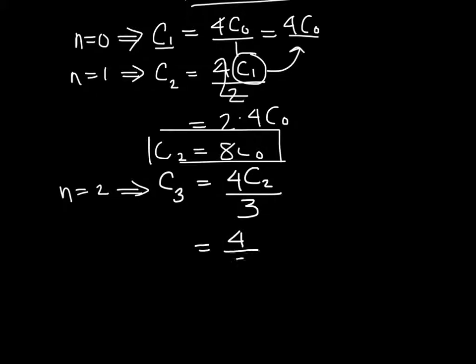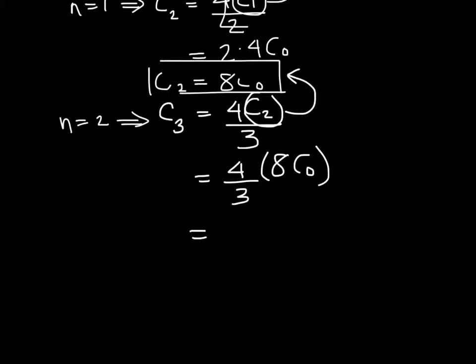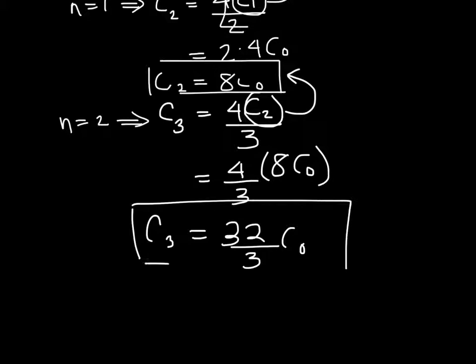So what is C2? Well, C2 is right here. That's just 8 C0. And then what I have is 32 over 3 C0. So that's what C3 is.